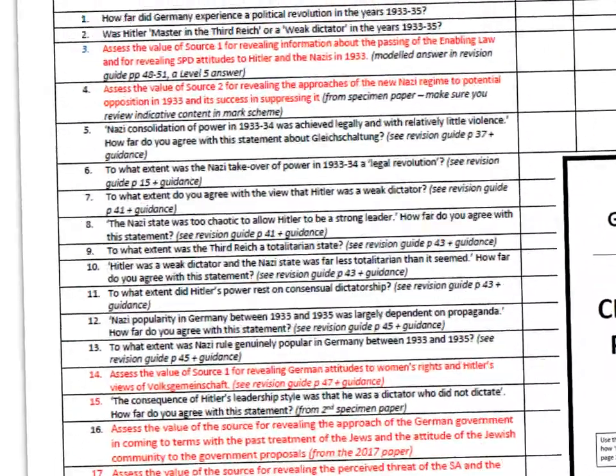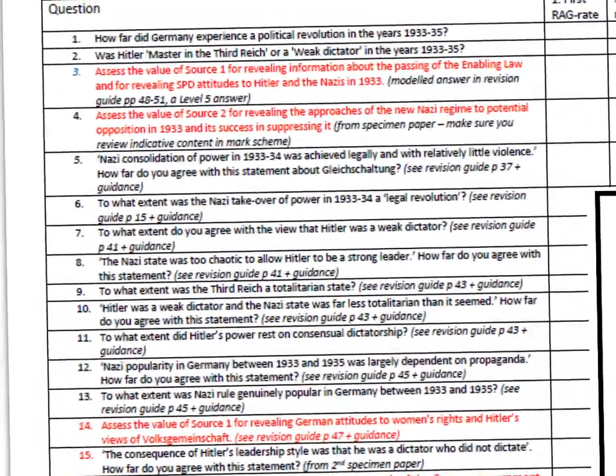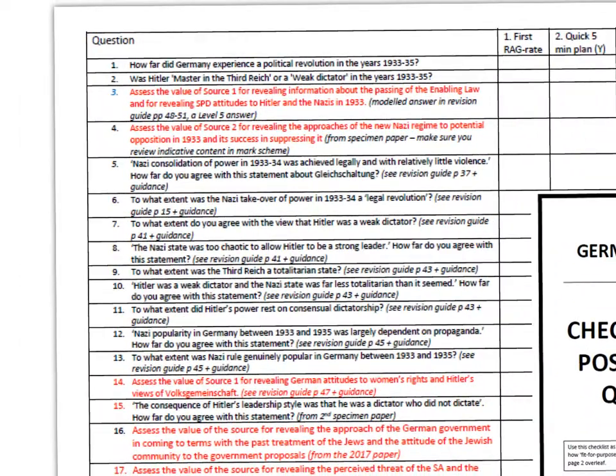And there's lots of other examples, model answers etc., all in black there, section B type questions that you can pick up from the specimen papers or from the mark schemes, chief examiner's reports, etc., but also the revision guides. So make sure you do pick up on that.